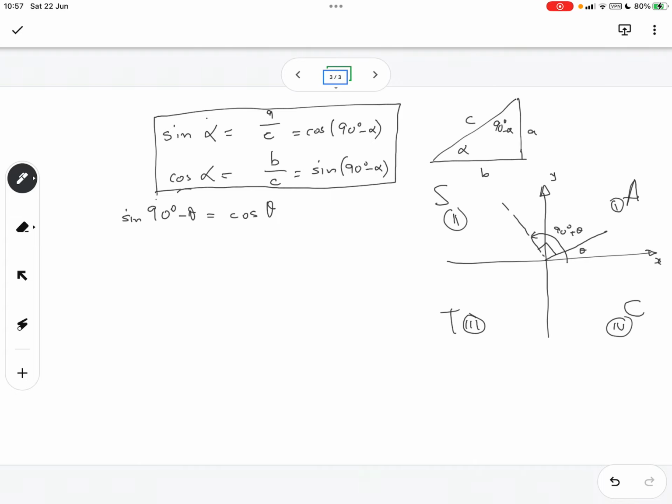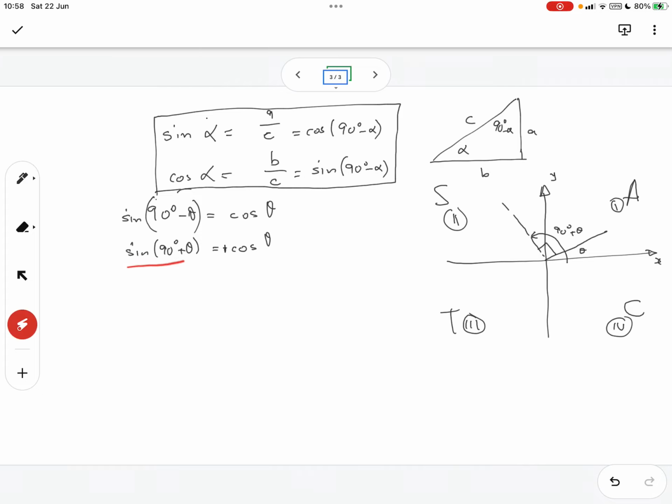And then what happens when we have sine of 90 degrees plus theta, if we reduce it, it still gives us cos of theta. Why does it give us cos of theta positive?